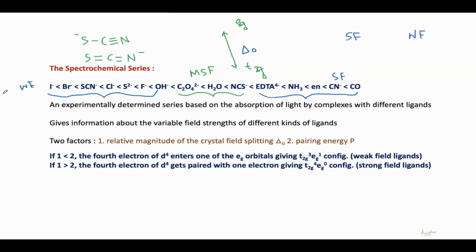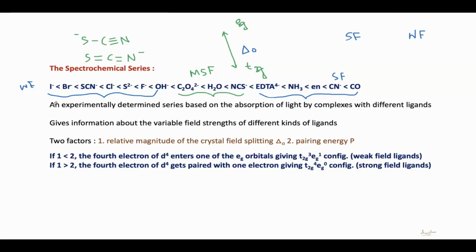Now this is an experimentally determined series which is based on the absorption of light by complexes with different ligands. This series gives valuable information about the variable field strengths of different kinds of ligands.